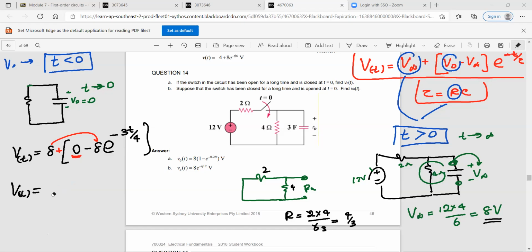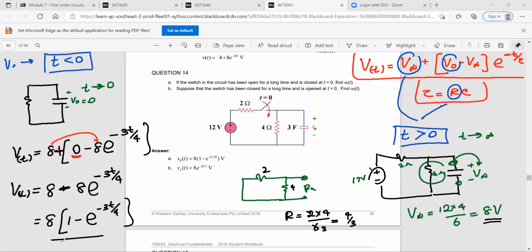The answer is almost the same, isn't it? So we have a plus here. So we have 8 plus 8 minus 8 times e to the power minus 3t over 4. That's right. We can take the 8 out because 8 is common. Then we have 1 minus e to the power minus 3t over 4.